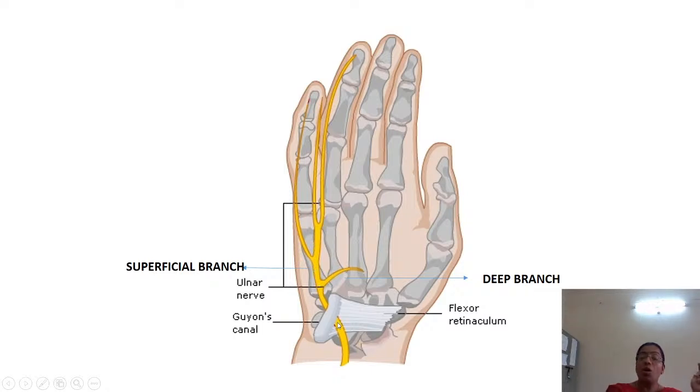So the ulnar nerve enters the palm superficially, above the flexor retinaculum.